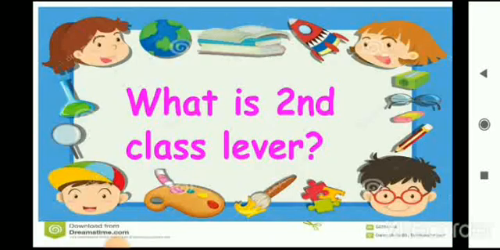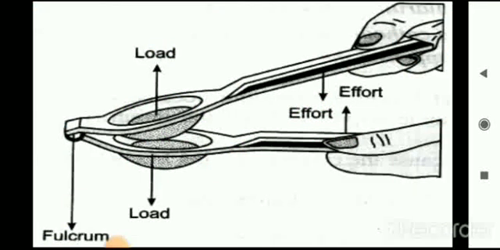Now, what is a second class lever? In this picture you can see that the load is between the fulcrum and the effort. A person is applying effort from one end, and at the last end there is the fulcrum through which this instrument is moving.